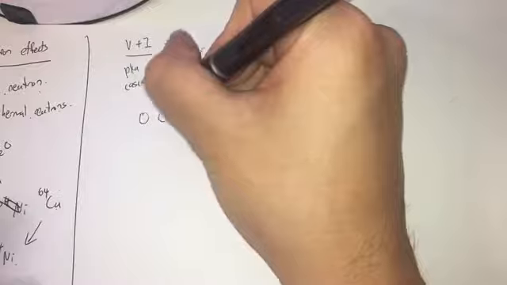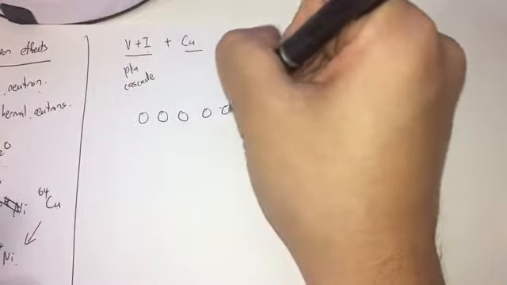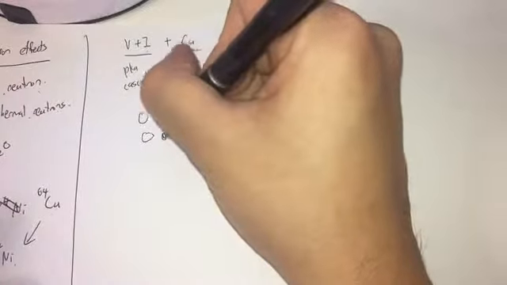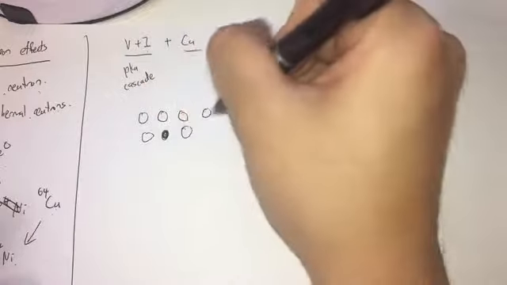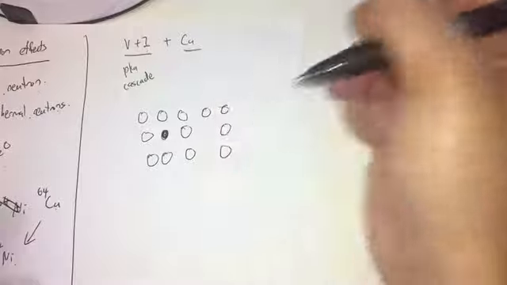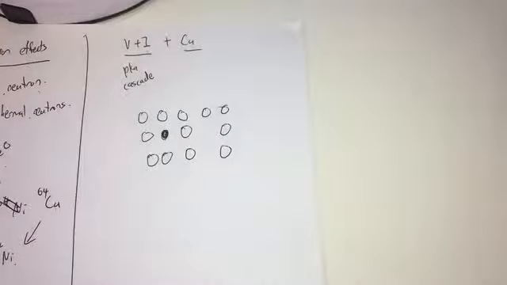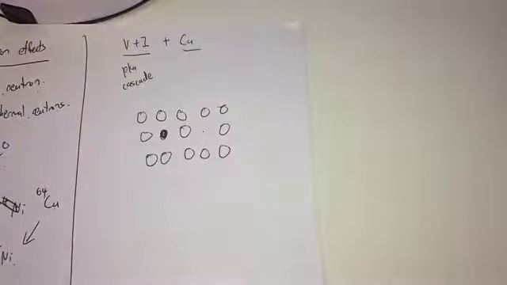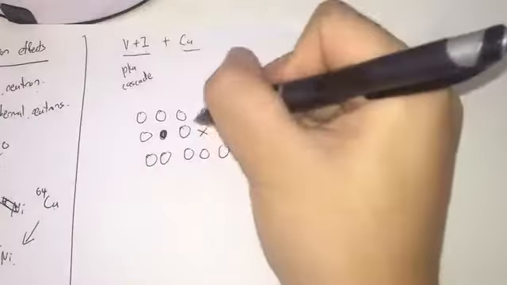So let's say you have an iron lattice, and you have a foreign copper atom here, and you have a vacancy here. I'll just mark that by an X. So the vacancy exists here.